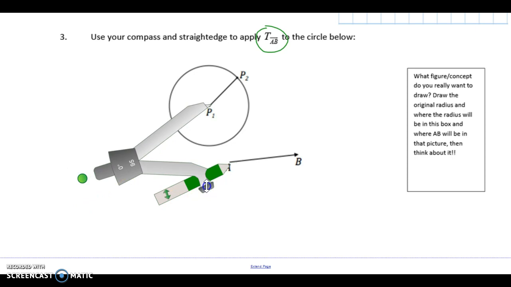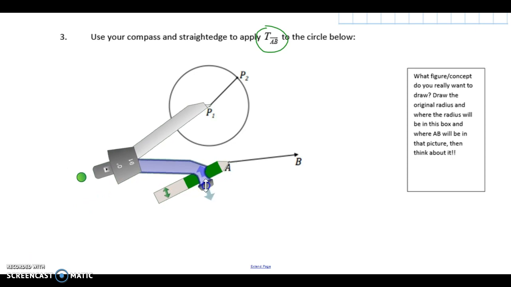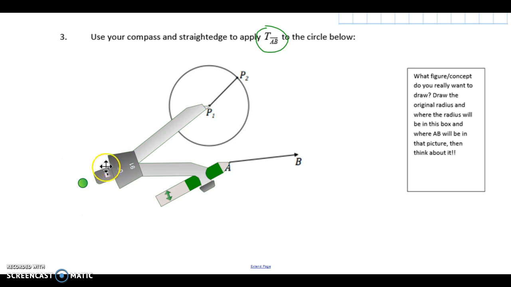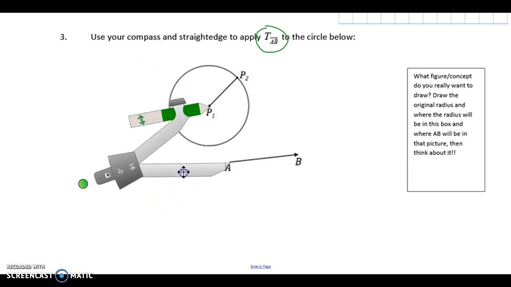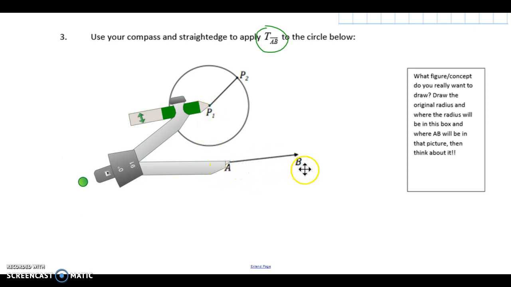Okay, so again, I've got the point of my compass on P, my pencil on A, and now I'm going to pretend like I'm translating. Actually, I should have switched this. Hold on. Sorry, point on A, pencil on P. Okay, so now I'm going to pretend like I'm sliding point P along vector AB.